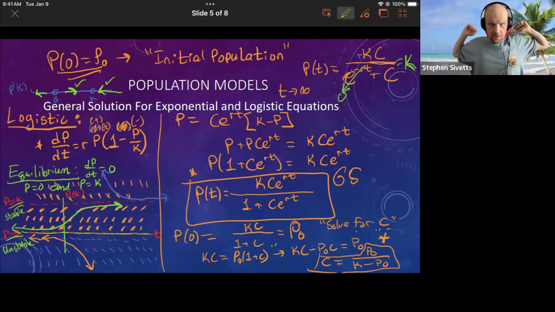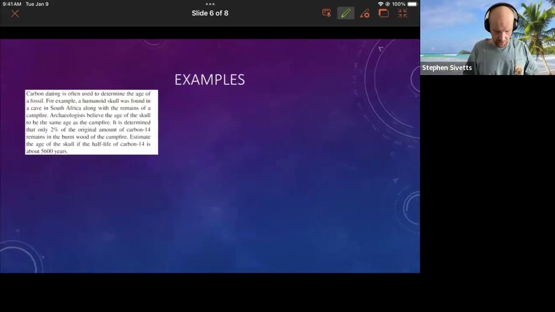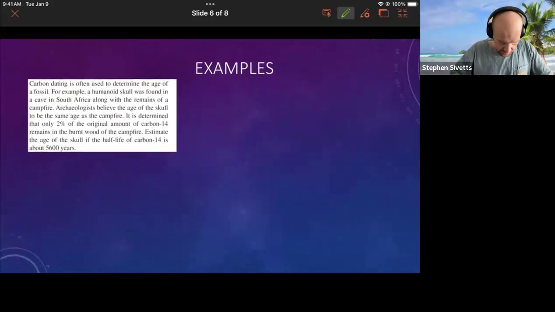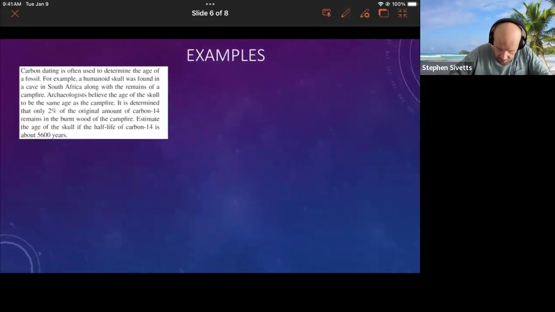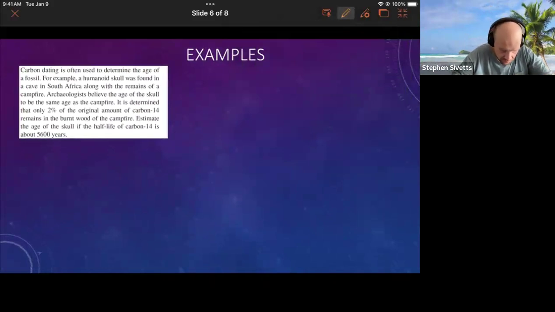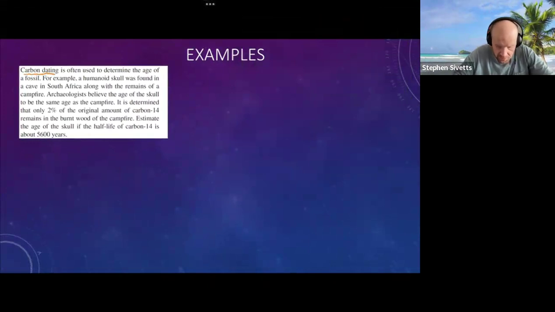Okay, so let's look at an example on using such equations. All right, so the most common use for exponential growth or decay differential equations deals with carbon dating. So carbon dating is often used to determine the age of a fossil or bones or what have you, right? So for example, a skull was found in a cave in South Africa, along with the remains of a campfire.